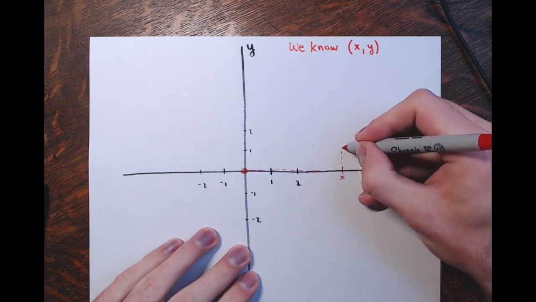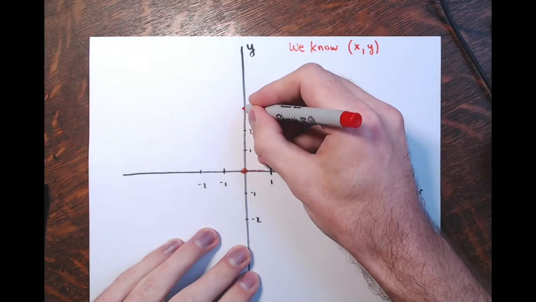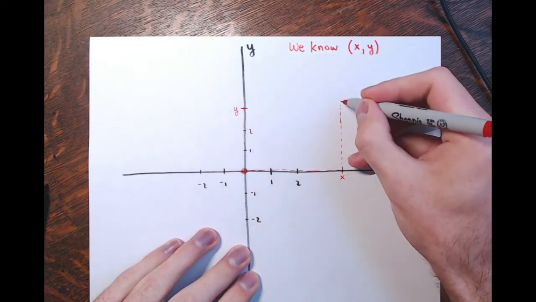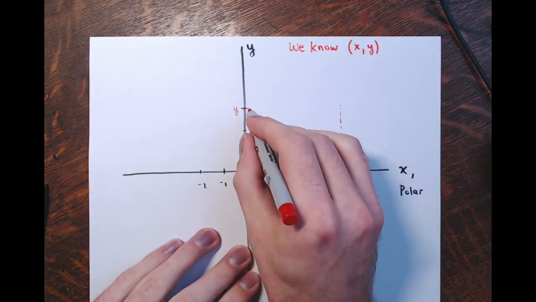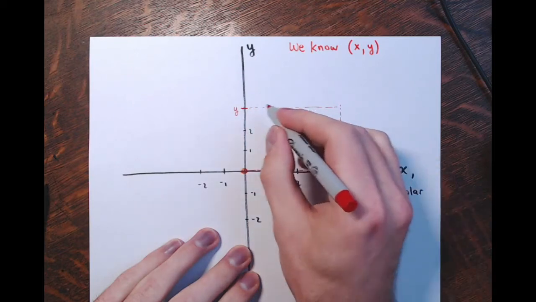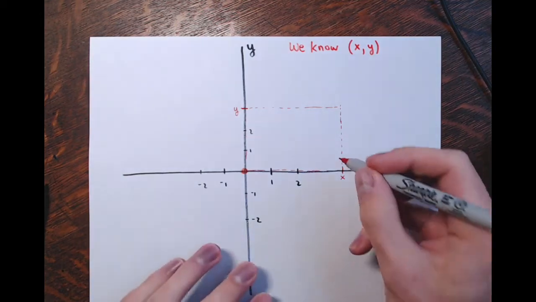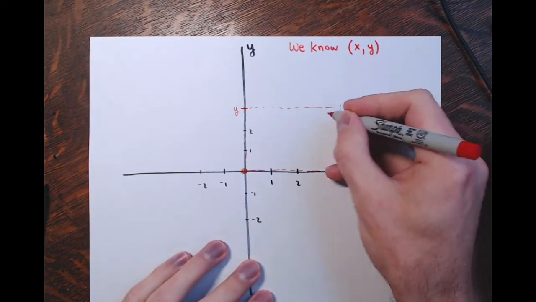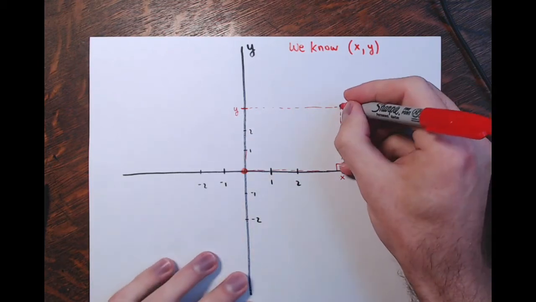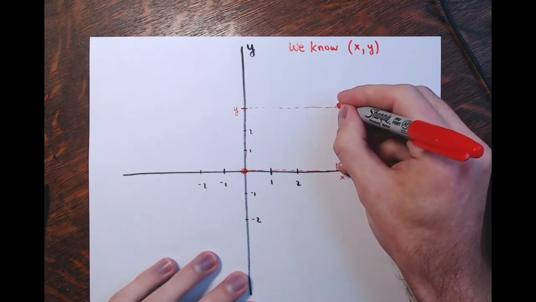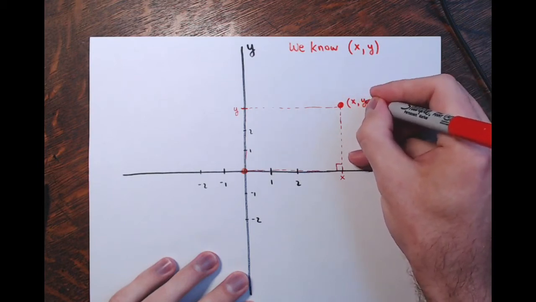I'll just make it easy, say let's go up to where we're in line with the y-coordinate on the vertical axis. So there's our rectangle I'm drawing right here, with 90-degree angles at all corners. But here's the point that we know the location of in rectangular coordinates. It has an x-coordinate of x, a y-coordinate of y.